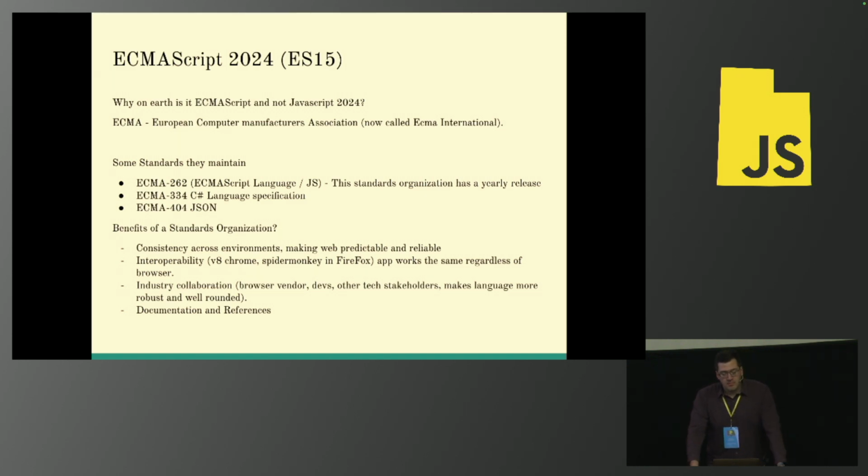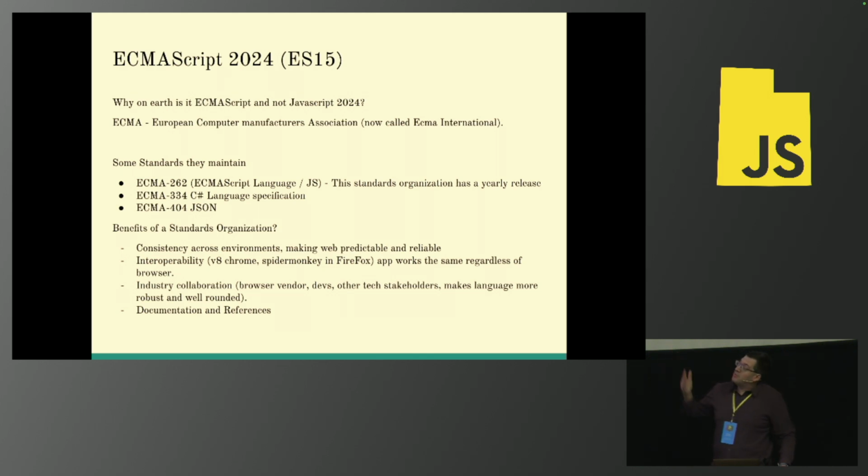Initially, the European Computer Manufacturers Association, now called ECMA International, would oversee this, but now it no longer stands for anything, if you will. They have a bunch of standards, the standards committee, ECMA International.